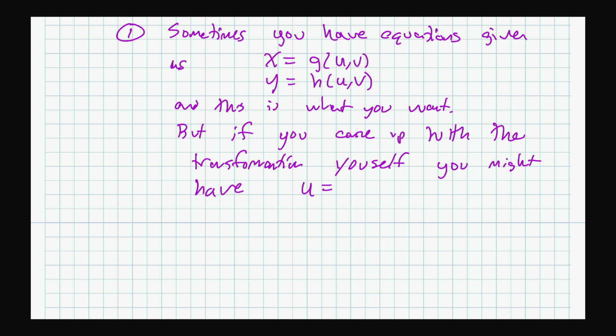I'll give it a name, s. You might have u is s of x, y, and then v would be t of x, y. So you see the difference, right? Here you have this solved for x and for y, and this is solved for u and for v. And if that's the case, you're going to have to solve for x and y somehow.